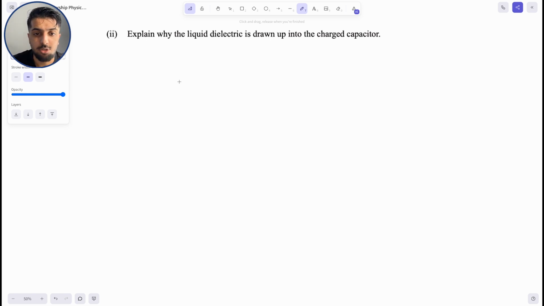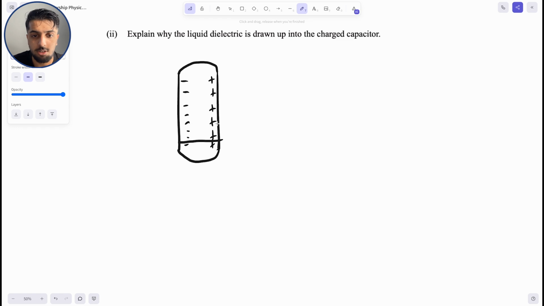So if I were to draw that situation out, we have our positive right here, and we have our negative down this way, right? And we know that electric fields are slightly curved on the edges and they go straight across like this, right? And we go from positive to negative.